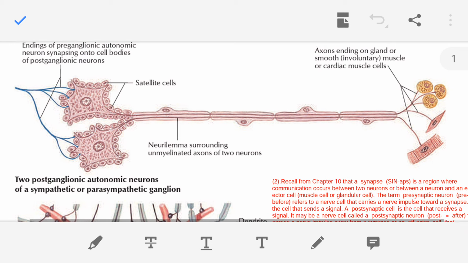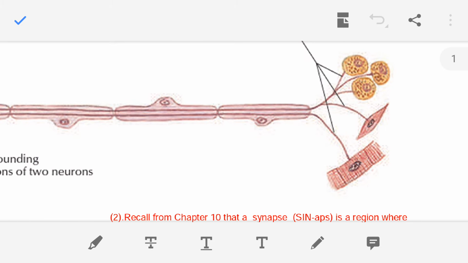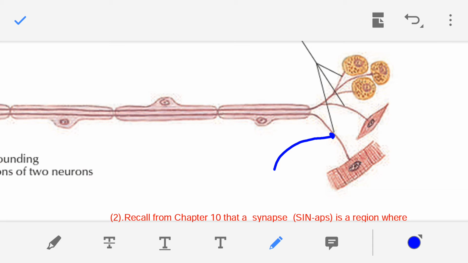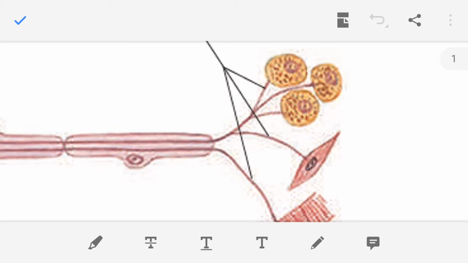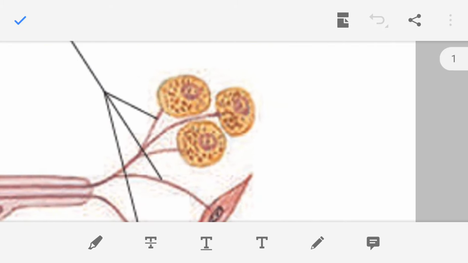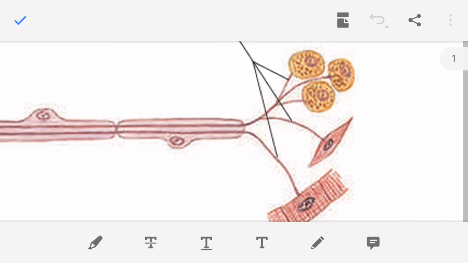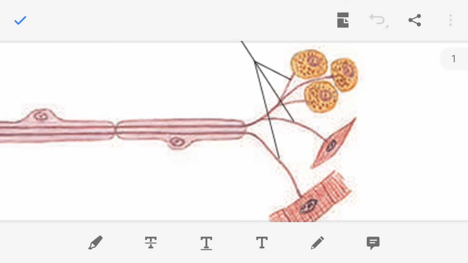As you can see, both these neurons are unmyelinated and they are making synapses. This is the axon terminal, these are all axon terminals, and at the end of each axon terminal there is a synaptic end bulb. Here the synapse is made between the neuron and the glandular cell, which acts like the effector organ cell.